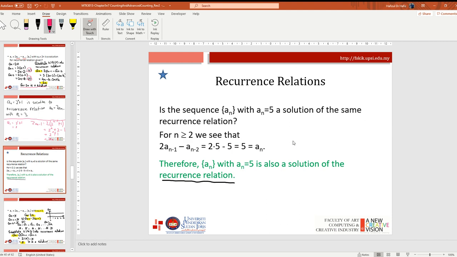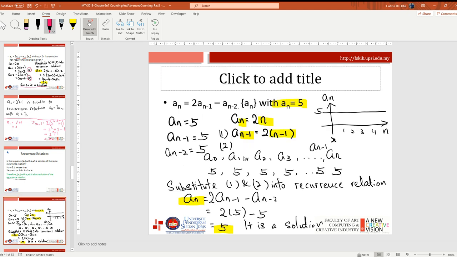Okay, and then kalau kita tengok another example, this one is recurrent relation, an equal to 2n is a solution of the same recurrent relation. Okay, 2an minus 1 minus an minus 2 is equivalent to 5. Okay, we have an is equivalent to 2n.